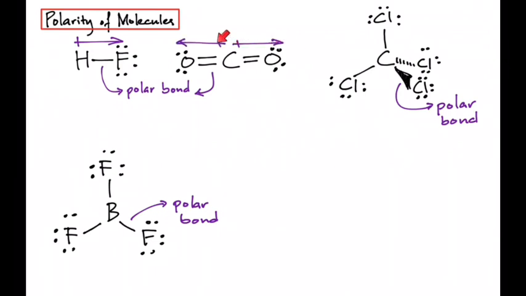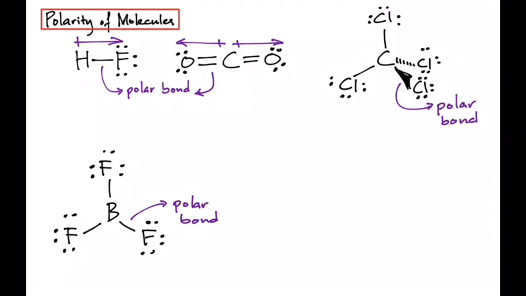And so because we have two polar vectors here, and they're pointing in opposite directions, then these two vectors will be canceling each other out. Okay, and because they're canceling each other, the net dipole of this overall molecule is going to be zero. And so therefore, carbon dioxide is a nonpolar molecule.